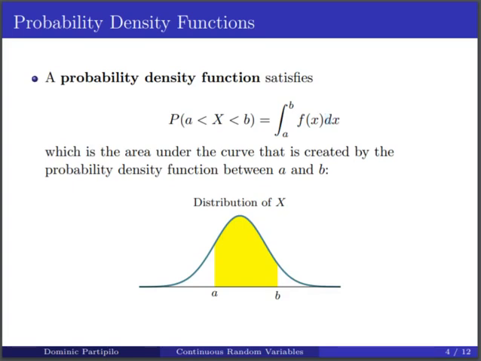If you're not familiar with calculus, that's okay, but all we really need to know here is that this is just the area under the curve between the points a and b. So if this is the distribution of x, our continuous random variable, then the area between this point a and this point b is going to represent the probability that x lies in this interval.